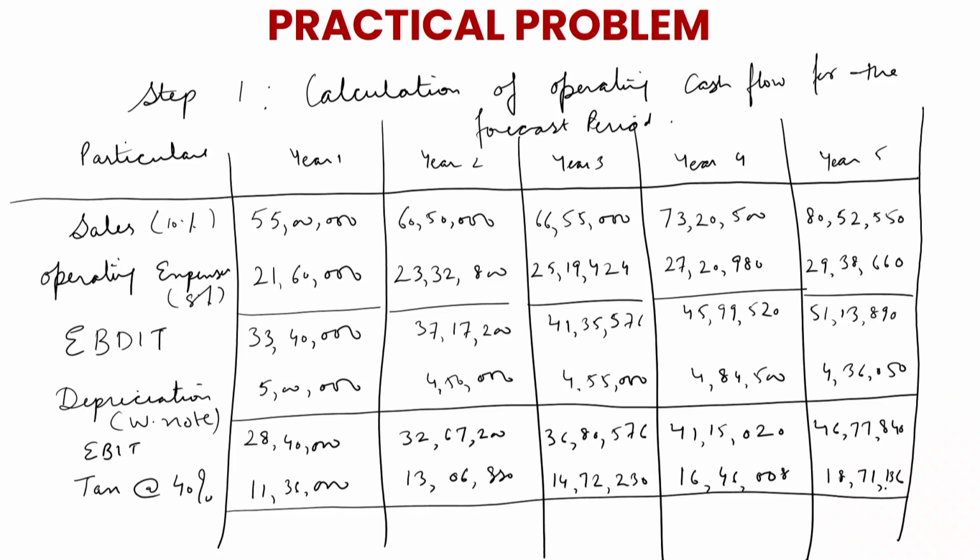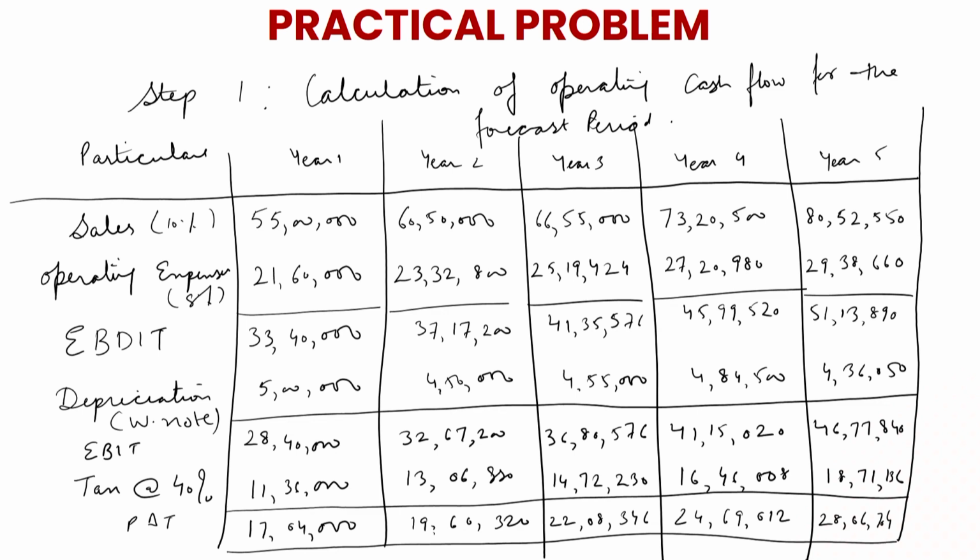Now after dealing with this, we reach the figure of profit after taxes. So the first year we got the PAT equal to 17,04,000, 19,60,320, 22,08,346, 24,69,012, and the last is 28,06,704.